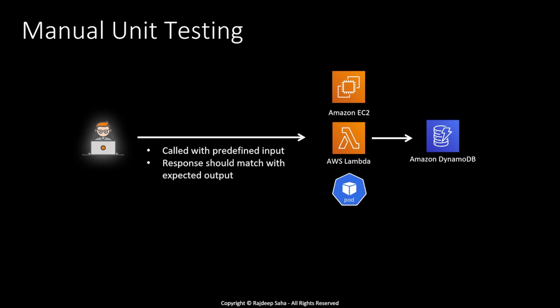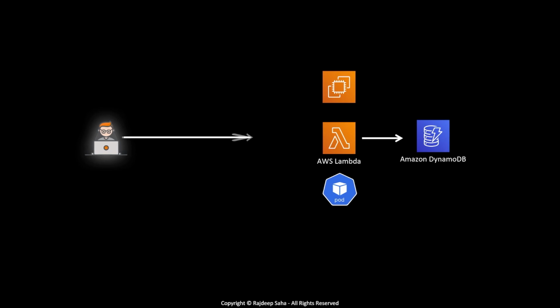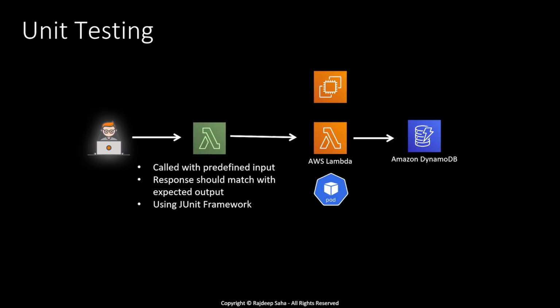So all this is very manual. So now if you want to move this manual user calling with predefined input to some sort of compute layer, one way would be to have another Lambda. So this Lambda with the green icon, instead of the user typing in all the input and calling the APIs or calling the code, all that will be in the Lambda itself.